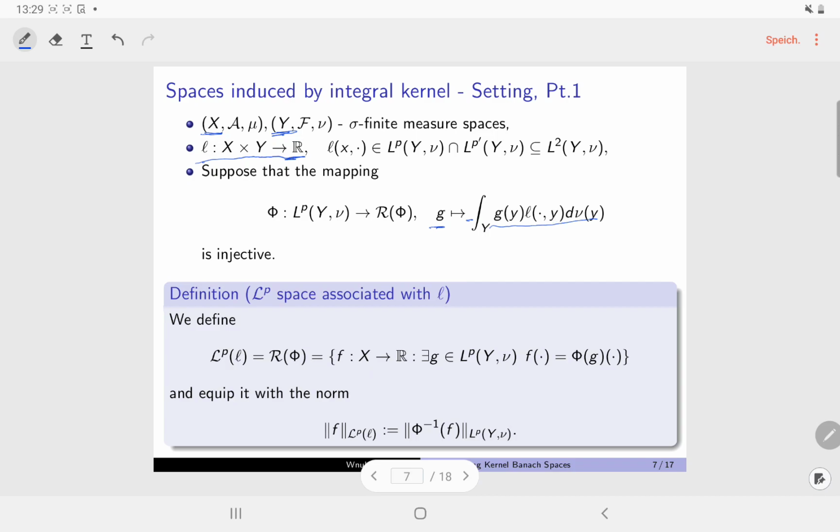Now, if you take a closer look at this formula, it is quite clear that phi of G is a function on X, and phi of G evaluated at point x is just the integral over Y of G of y times the integral kernel at point (x, y), integrated out with respect to y.